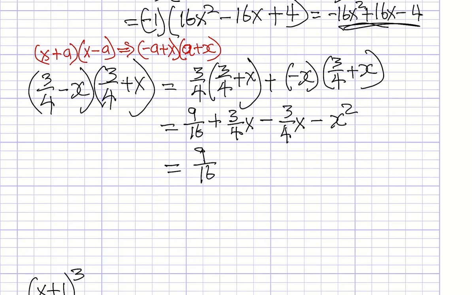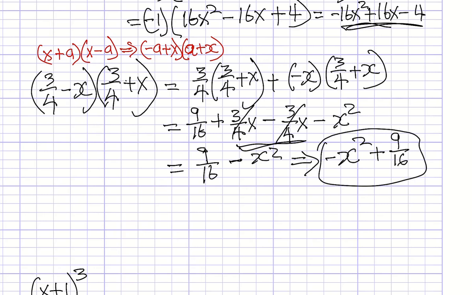You combine these two here, and notice that they will cancel out. And then you get negative x squared. You can write this as negative x squared plus 9 over 16. 9 cannot go, we see divide by 3, 2, no. So that's the solution there. You leave it like that. Everything should be fine if you leave it like that.